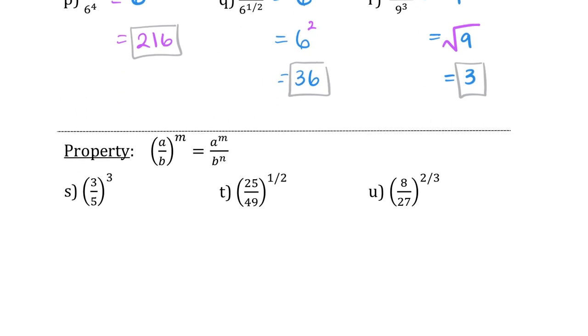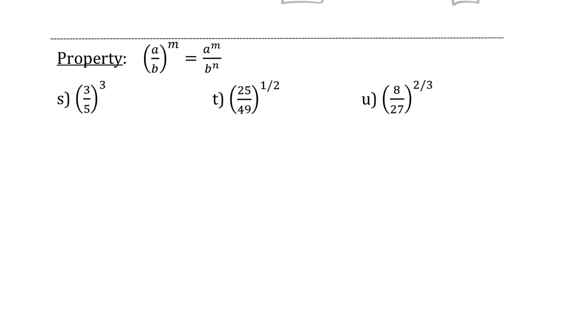Okay, last property. If I have a fraction in parentheses raised to the m, I can distribute the m to the numerator and denominator and get my answer that way. So that means that if I do 3 over 5 to the 3rd, that's really just 3 to the 3rd over 5 to the 3rd, which is 27 over 125. Let's try it on the next one. Okay, 25 over 49 to the 1/2.